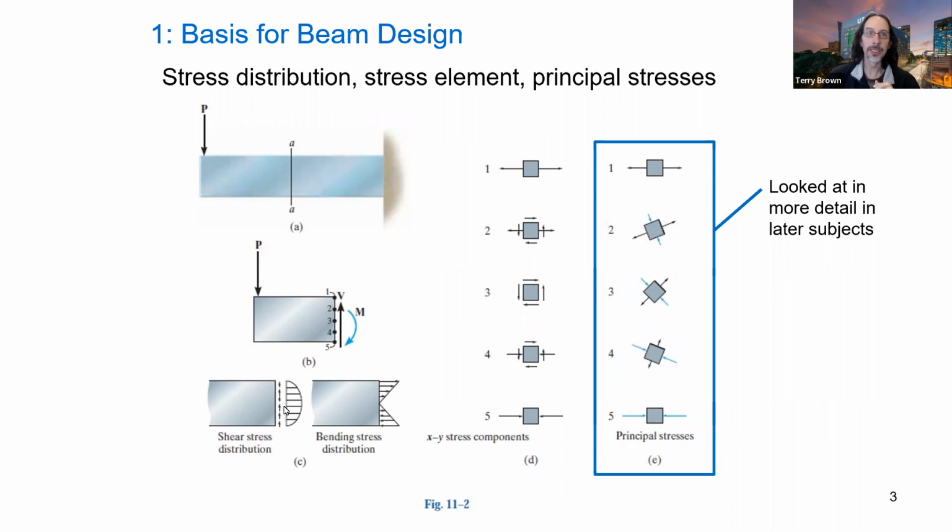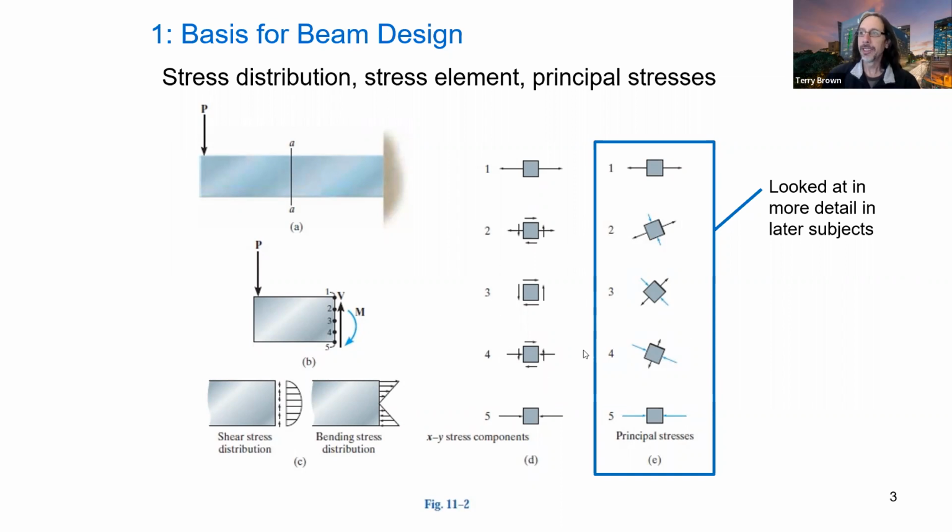Now, this is not always the case. In the tutorial problems, if you haven't done them already, I've thrown in a couple of examples that show you that in shear, the maximum shear stress doesn't always occur at the centroid. Right? So you need to be careful.